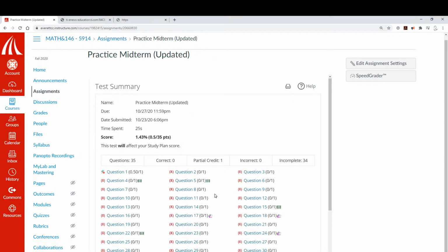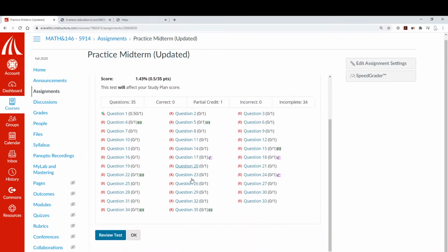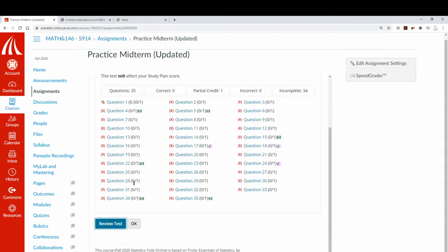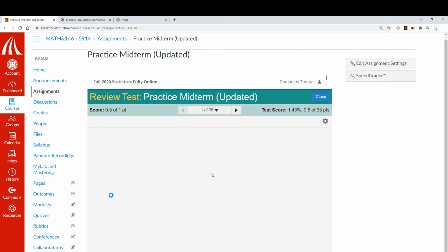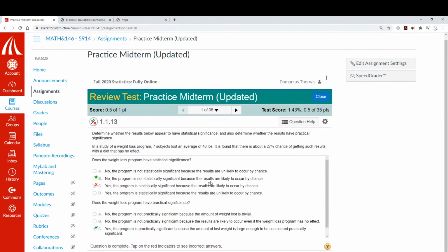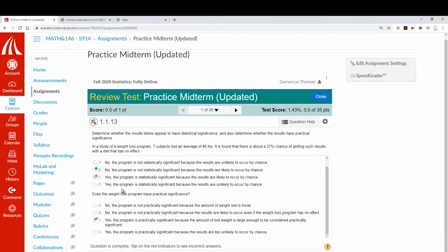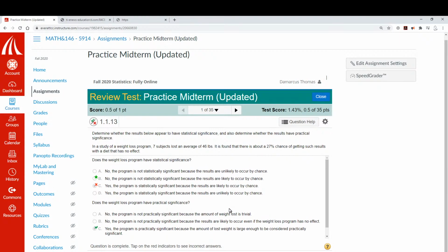What happens is when you submit the test, you get to review the test with the correct answers. And we actually should be able to print it out as well.